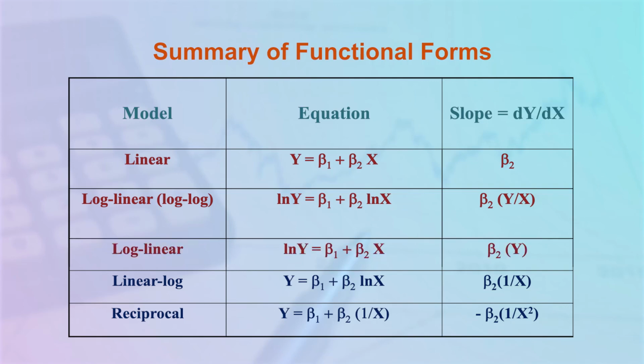Then we have a log linear form, where y is in log and x is not in log form. One of the variables is in log form, either dependent or independent. Accordingly, the name of the function changes. If it is log linear, then the dependent is in log. If it is linear log, the independent is in log. So this is important regarding the naming of the functional form, log linear and linear log. And finally, we have the reciprocal model, where x is taken in the reciprocal form.